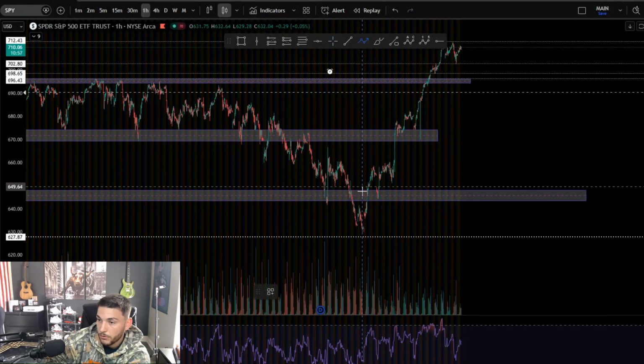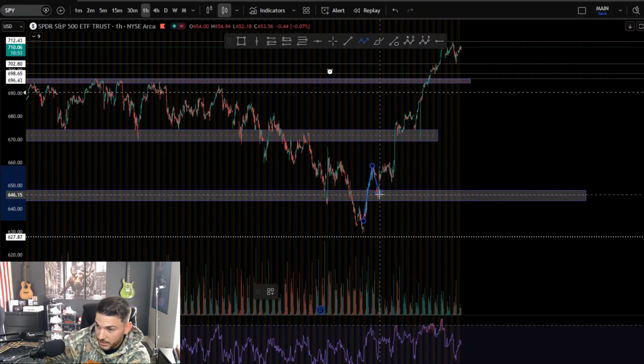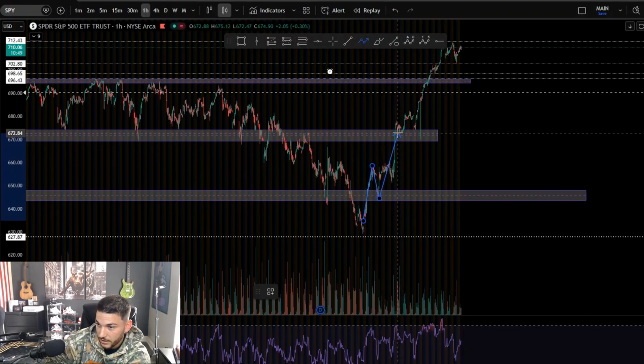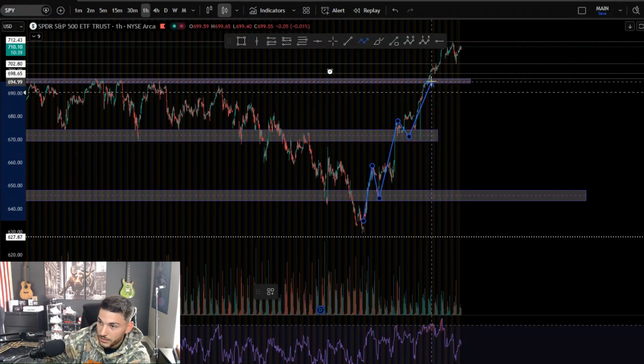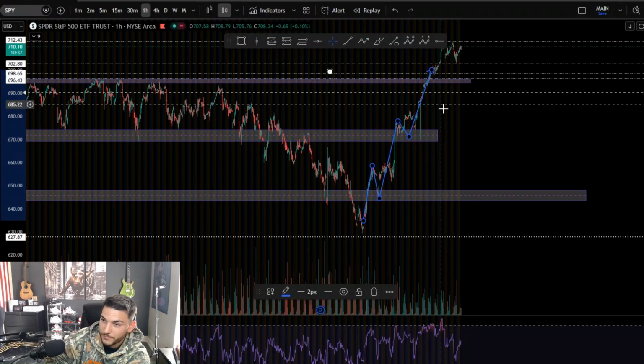So now that we broke through the ceiling, this previous ceiling now becomes the floor again, and we go right back to the next ceiling, to the next level. And guess what? This could have been a rejection, but instead we broke right through this next level and used it as a bounce to continue right through the next level.